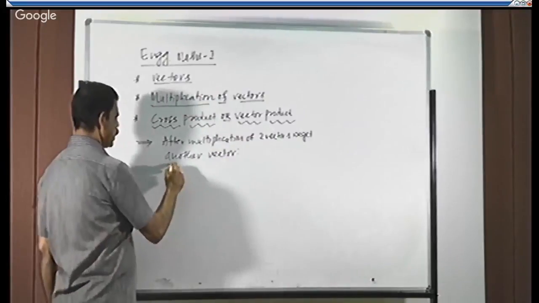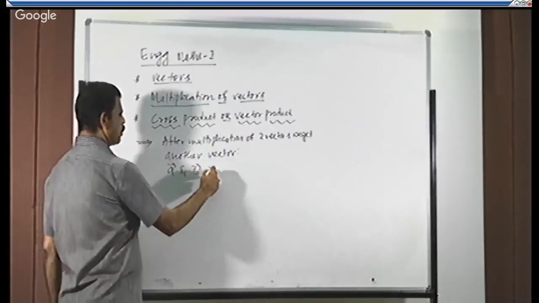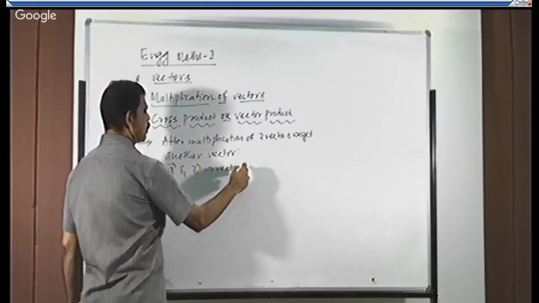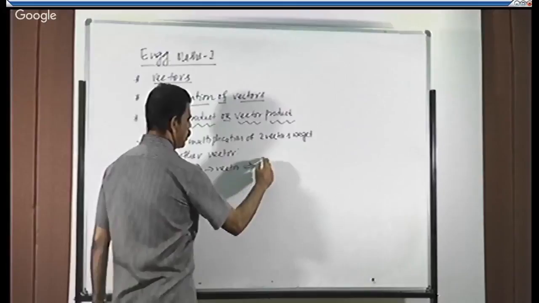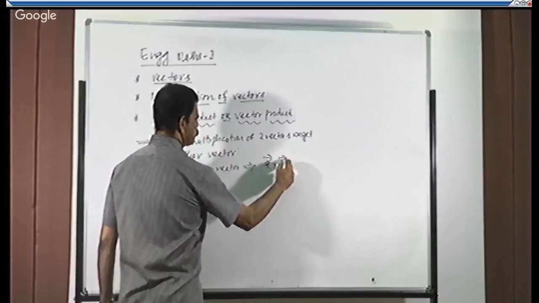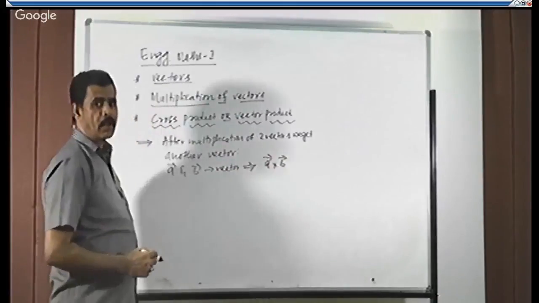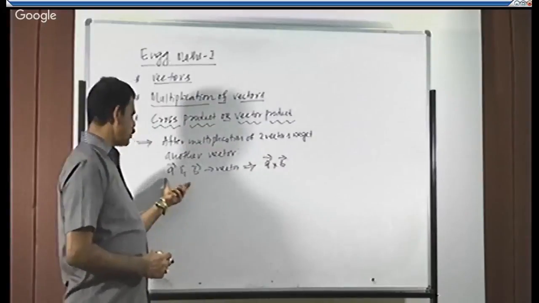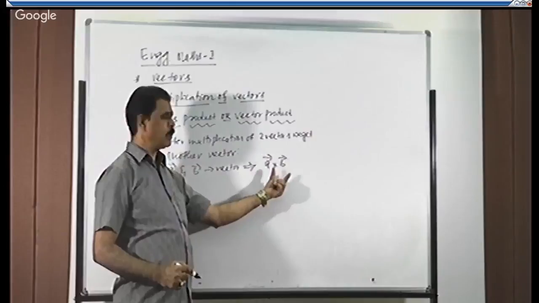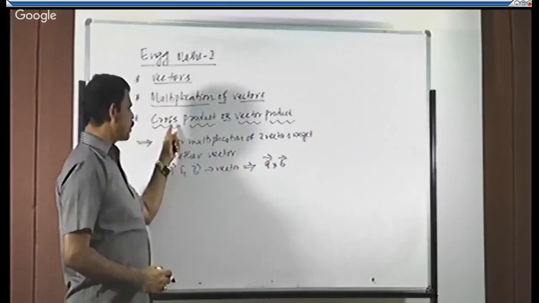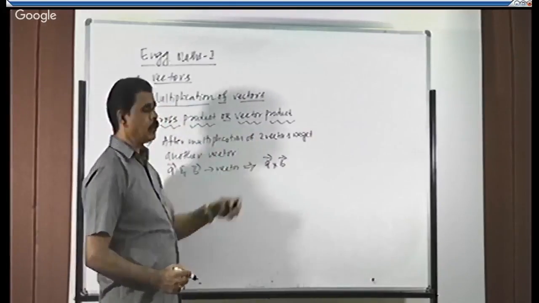Suppose A and B are vectors. Their vector product is denoted by vector A cross vector B. Hence it is said to be the cross product, right?